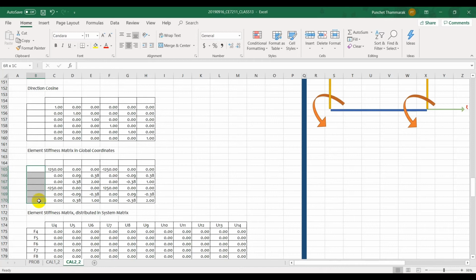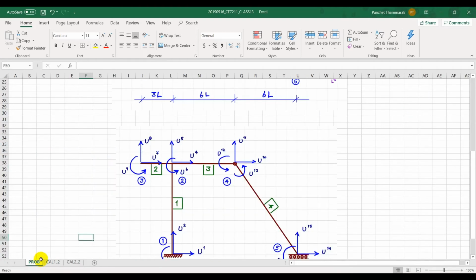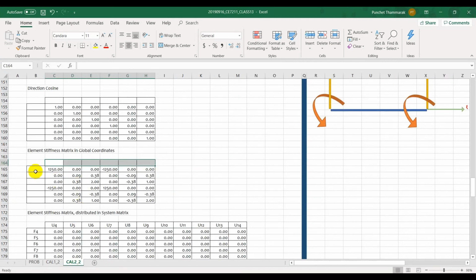So what are these rows and these columns' association? 4, 5, 6, 10, 11, 12. 13 has nothing to do with element number 3. Okay, F4 uppercase because we are talking about global.